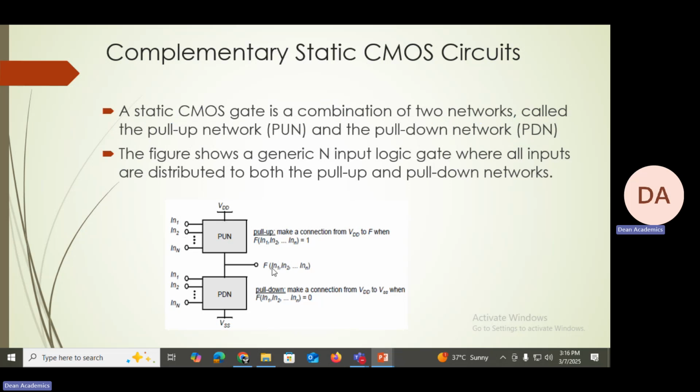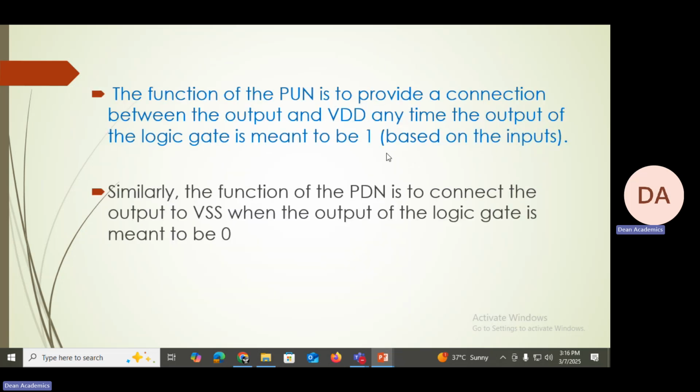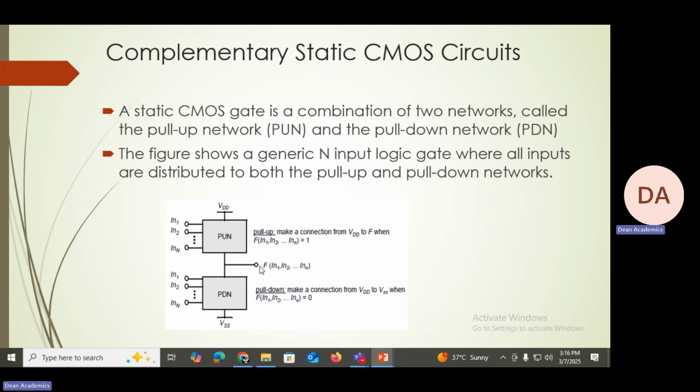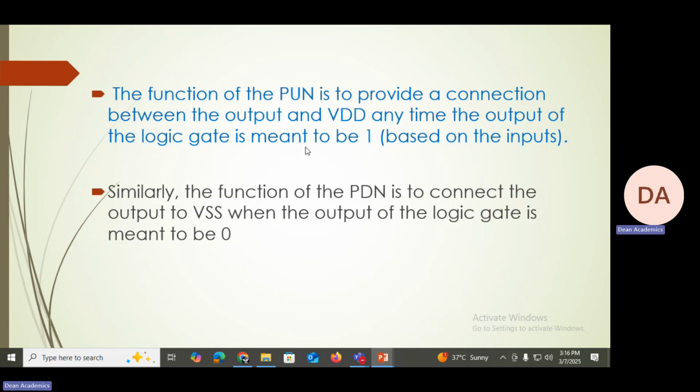Similarly, the function of the pull-down network is to connect the output to ground. So the pull-up network connects VDD to the output and the pull-down network connects the output to ground. These are the functions of the pull-up and pull-down networks.